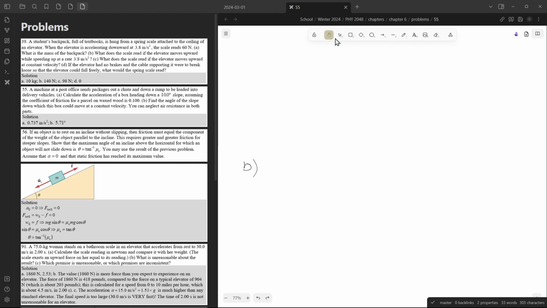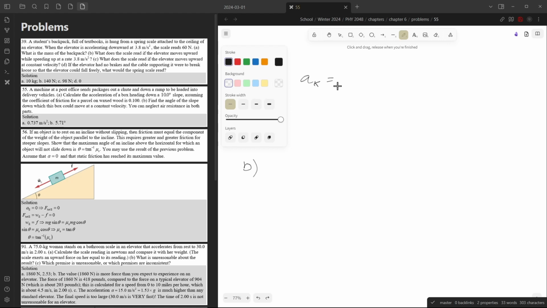We know that if the velocity is constant, that means acceleration has to be 0, and the only two accelerations are your downhill acceleration and your friction acceleration. So let's rewrite that. A sub k equals the coefficient of friction times cosine theta times g, and our downhill acceleration equals sine theta times g.